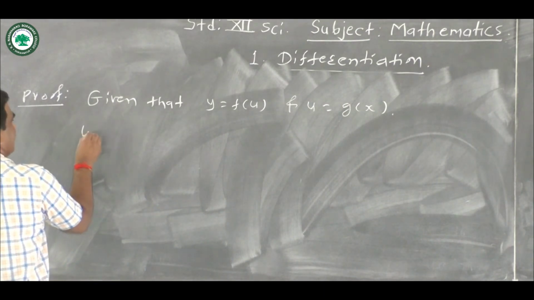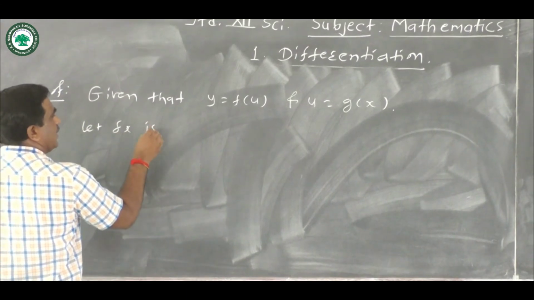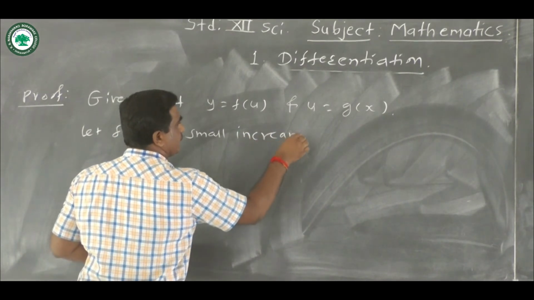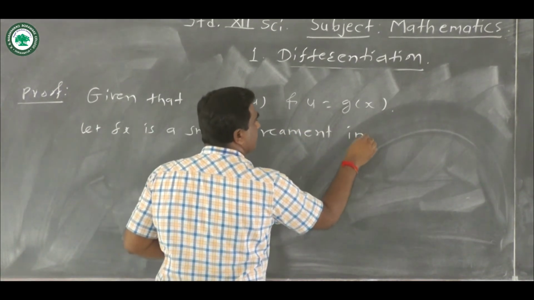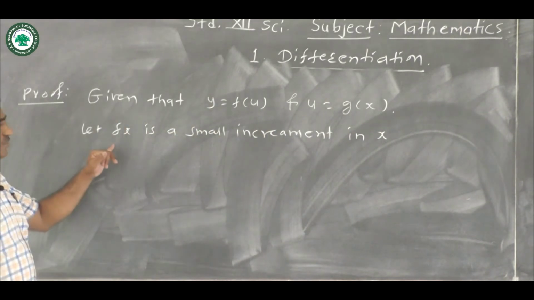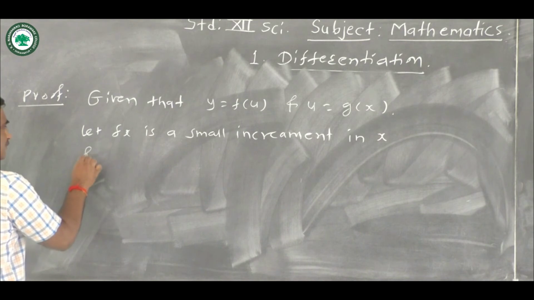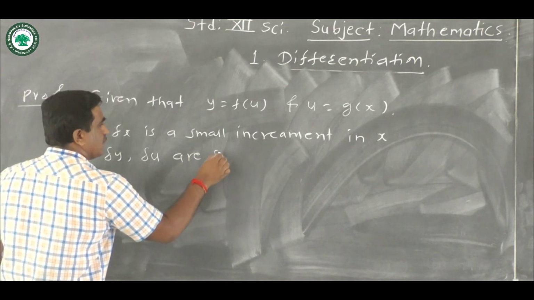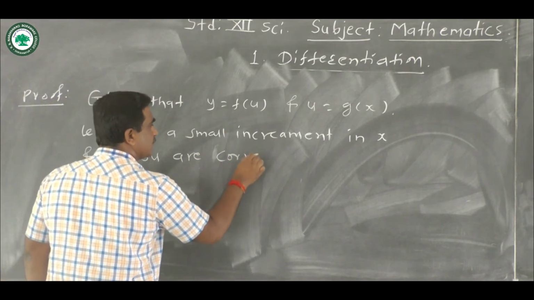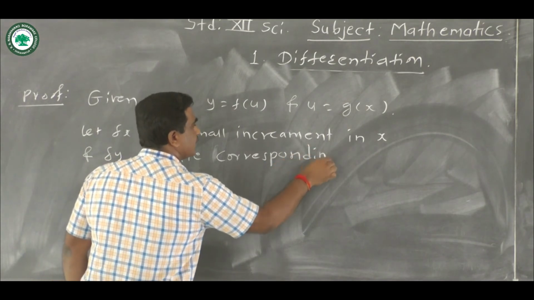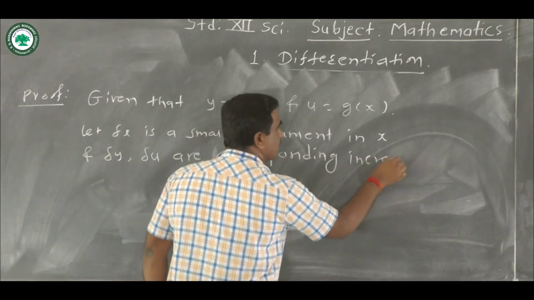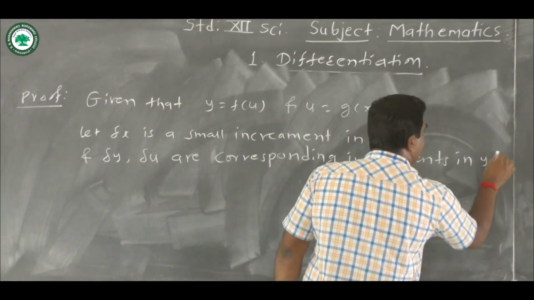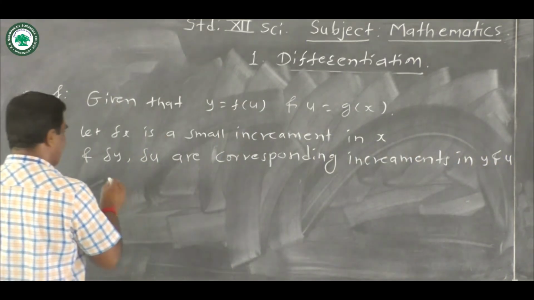Now suppose delta x is a small increment in x, and delta y, delta u are the corresponding increments in y and u respectively.